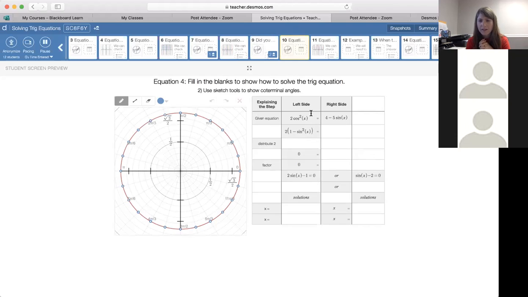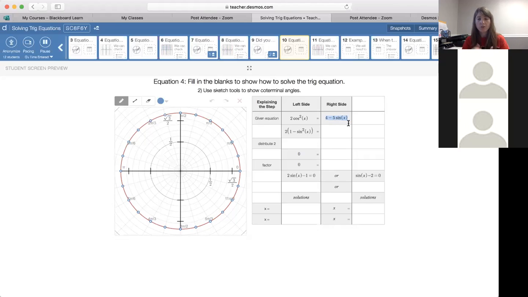Oh man. So again, they're wanting to be helpful by providing us some steps. But again, hopefully we won't go off course. So the equation that we want to solve is 2 cosine squared x equals 4 minus 5 sine x. And when I look at this one, the first thing that pops out of my brain is, hey, I have cosine and a sine.